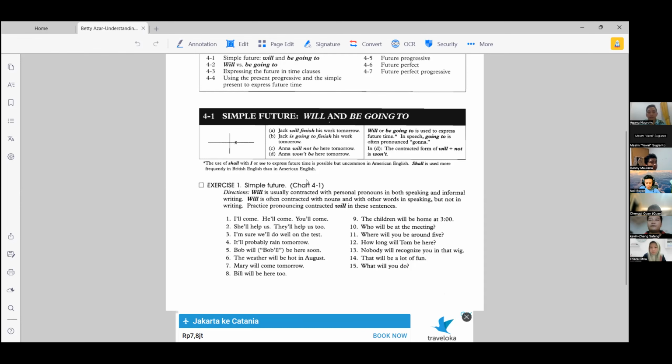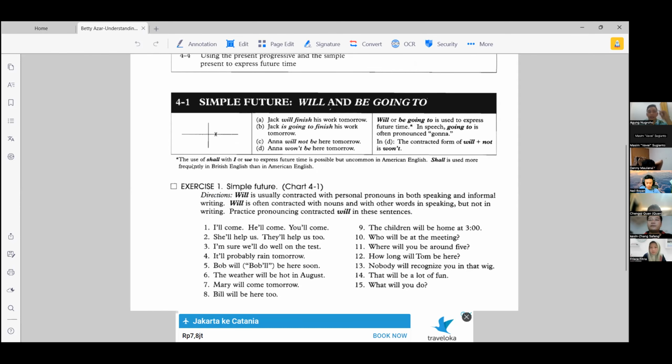In Betty Azar's book, it is explained that the use of shall with I or we to express future is possible, but uncommon in American English. So shall is used more frequently in British English. I don't know if that's right, because during my 5 years in England, basically people still use will instead of shall.